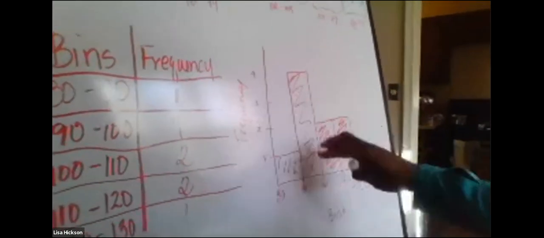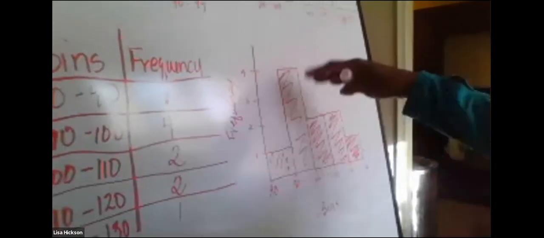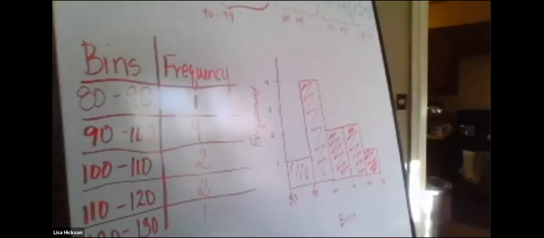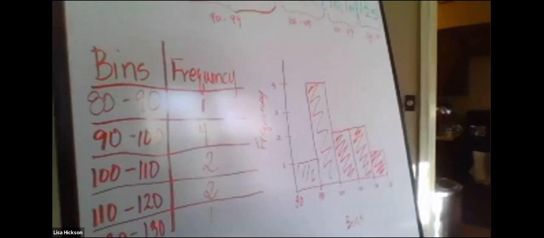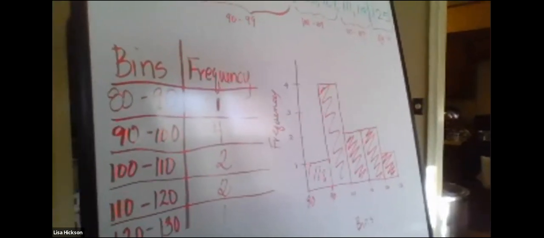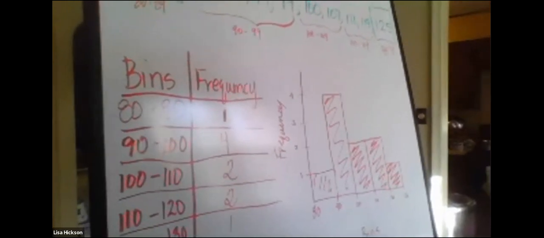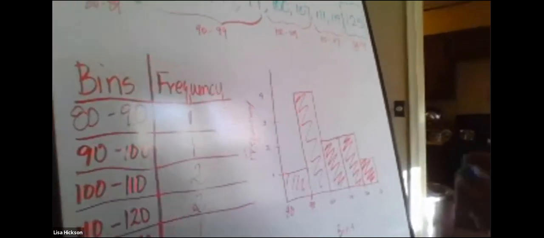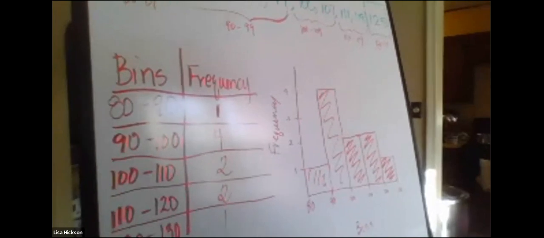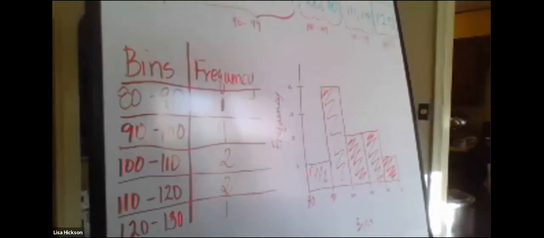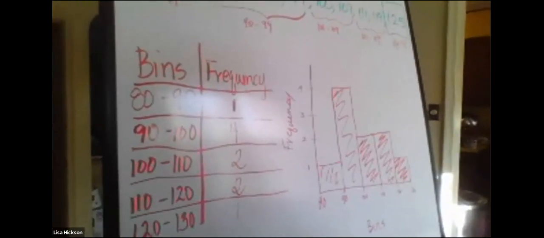You would just have more bars on your graph. But again, we all don't think the same way. So we don't necessarily always come out with the same picture, but it doesn't mean that you are not correct. Okay? Make sense?